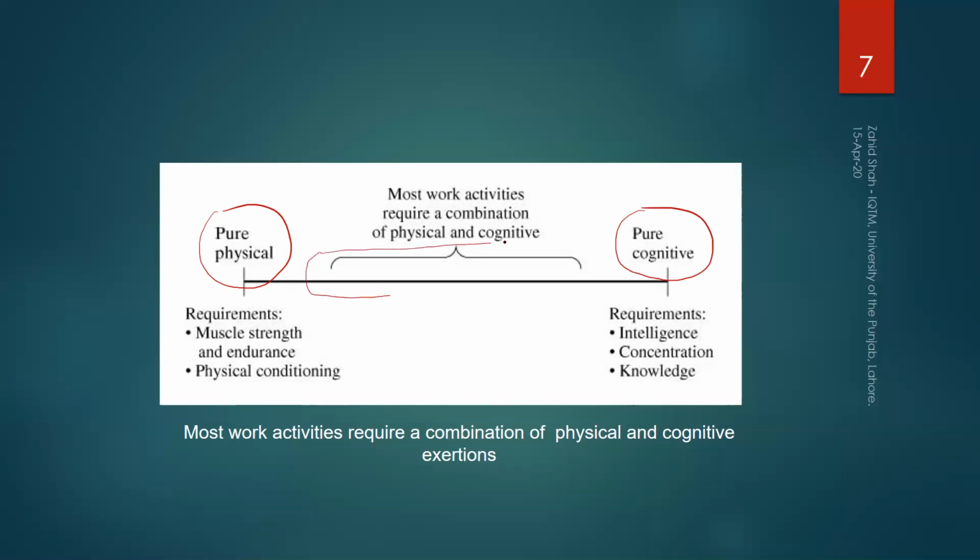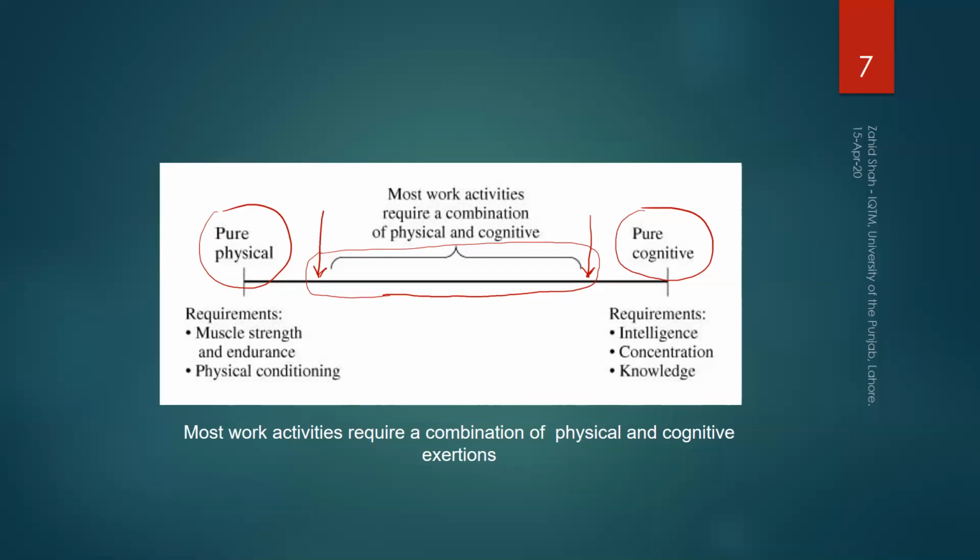And we can see that most of the activities actually involve both aspects, physical and cognitive as well. For example, if some activity falls somewhere over here, so it is of course more physical than it is cognitive, and some activity that, for example, falls here is more cognitive than it is physical. But there is rarely any activity or task performed by human that is either purely physical or purely cognitive.